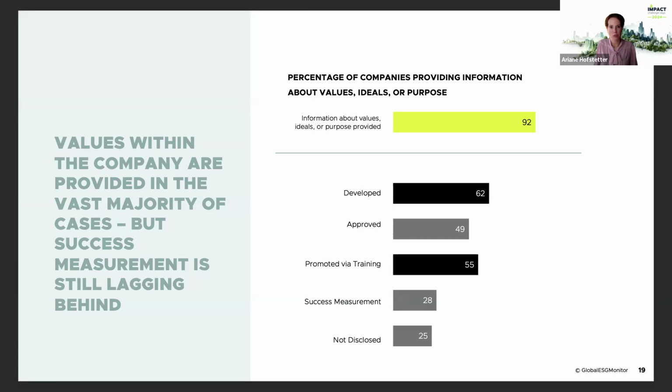The GRI goes further and asks how those values were developed, how they are approved, or how they are promoted via training. You can see that the numbers are high here too, especially in how they were developed and how they are promoted via training. What we mark black here shows when more than every second company, so more than 50%, reports on that.